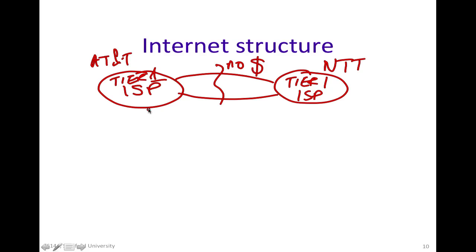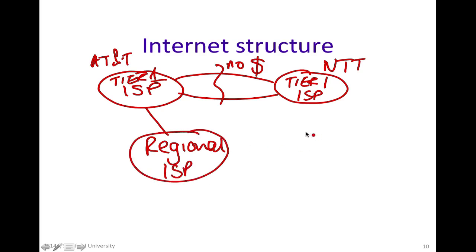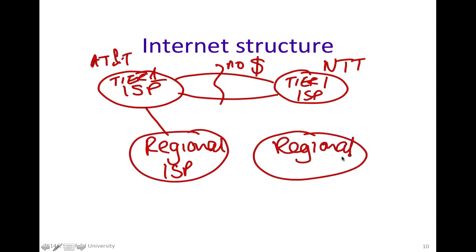They then connect down to what are usually called regional ISPs, which might correspond to a state or a county or a region of a country. And those in turn connect below them to what are called the access ISPs.